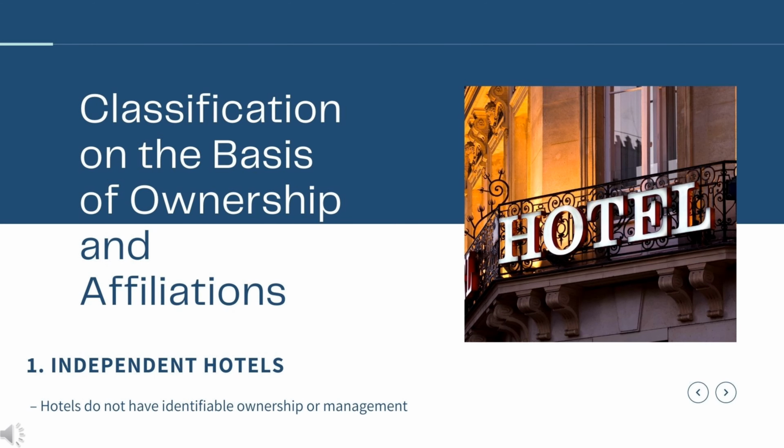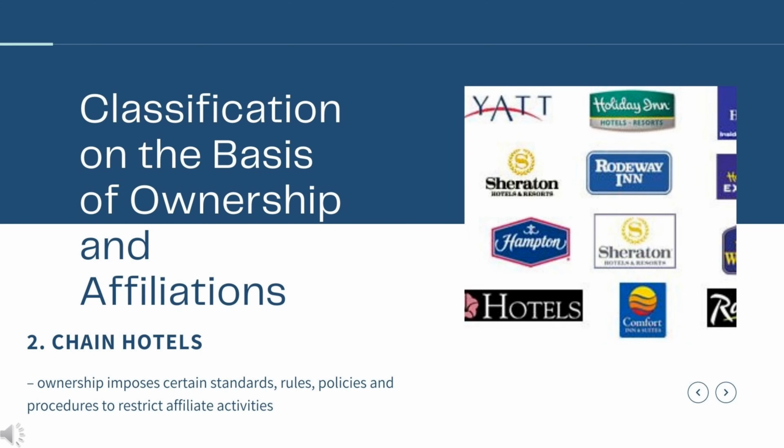Now let's proceed to classification on the basis of ownership and affiliations. Number 1. Independent hotels. Hotels do not have identifiable ownership or management. Number 2. Chain hotels. Ownership imposes certain standards, rules, policies, and procedures to restrict affiliate activities.